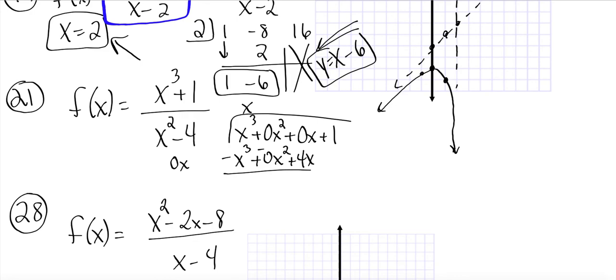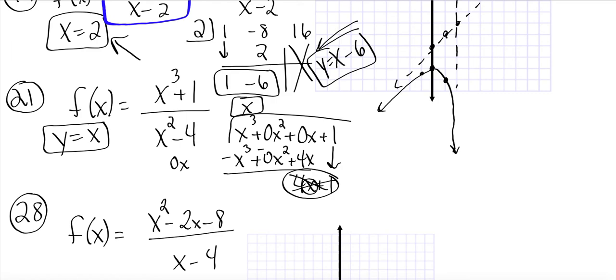So the x cubes go away, the 0x squareds are 0 anyway, and then I have a 4x. I have to bring down that plus 1, and then try to do it again, which I can't. So I would have this as my remainder, right, because there's an x to the first here, not an x squared. So that's just my remainder. I don't care about that. So the slant here is just y equals x.